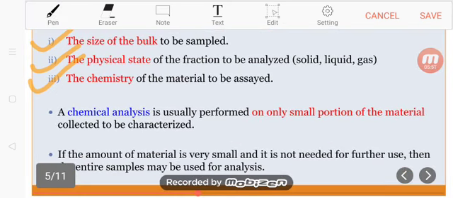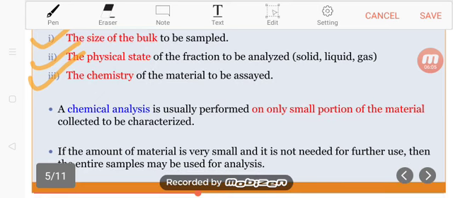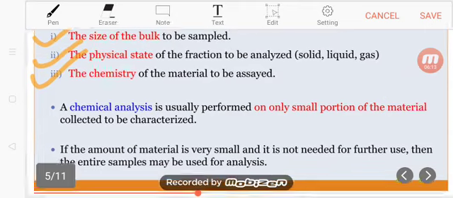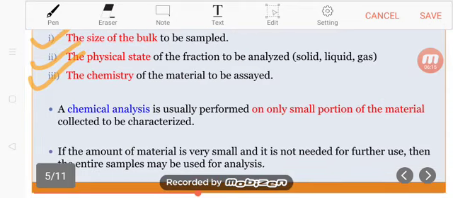Okay guys, always keep in mind that chemical analysis is usually performed on only a small portion of the material collected that needs to be analyzed or characterized. If the amount of material is very small and it is not needed for further use, then the entire sample may be used for analysis.